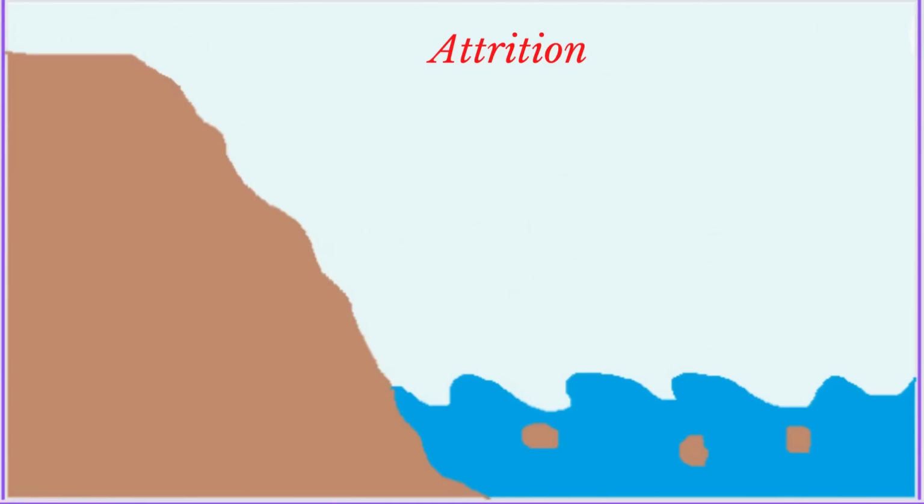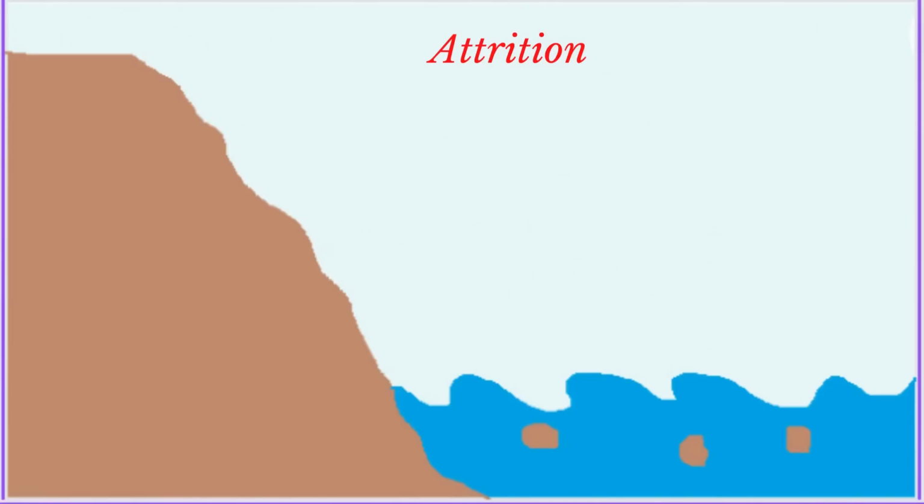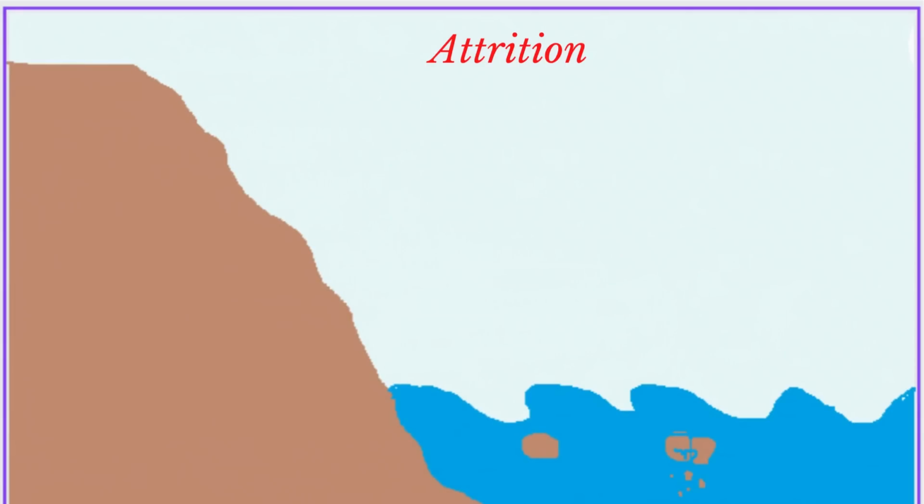Another physical erosion process is attrition, and this occurs where the materials that are being carried by the sea hit against each other and break up.